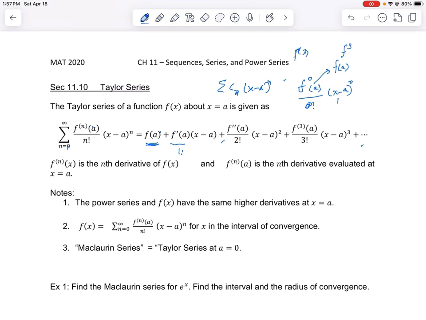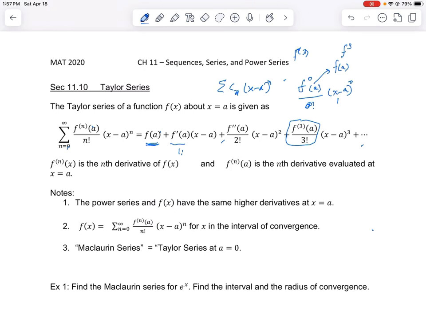That denotes the power on the function or number. But here, because we are not taking the power, we are taking the derivative. This is a symbol you might recall from Calc 1. So this term is the third derivative evaluated at a divided by 3 factorial, times x minus a to the third, and so on. We should be able to figure out the rest of the terms.